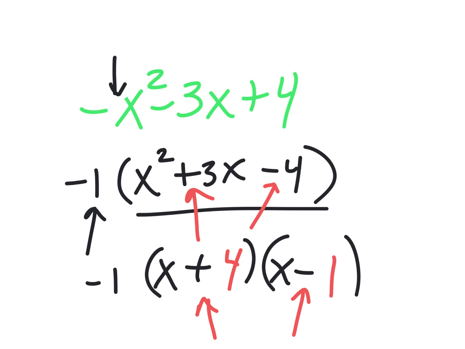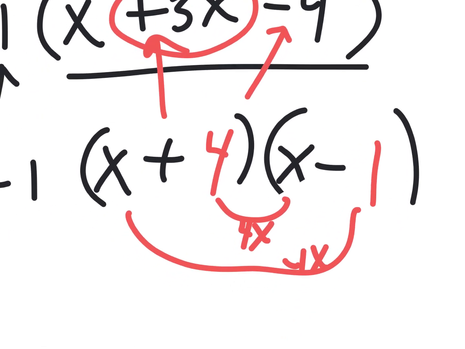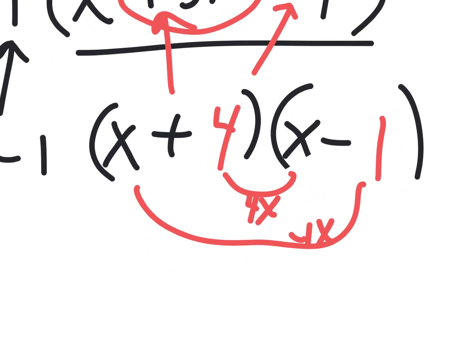And how do I know it's in that order and not the other way around? Because I checked. I went like this quick in my head. 4x and negative 1x makes 3x. So that is it. A negative 1 in front, x plus 4, x minus 1.